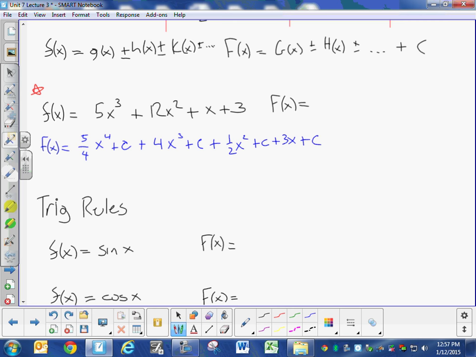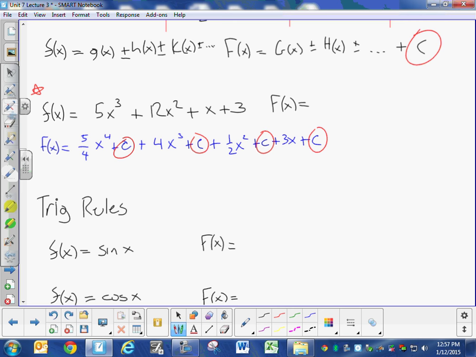What do we think? Do I need all those c's for every single one? Why not? Yes. A c is just a number. Another c is just another number. Add all these c's together. What do you have? A c. Another c.